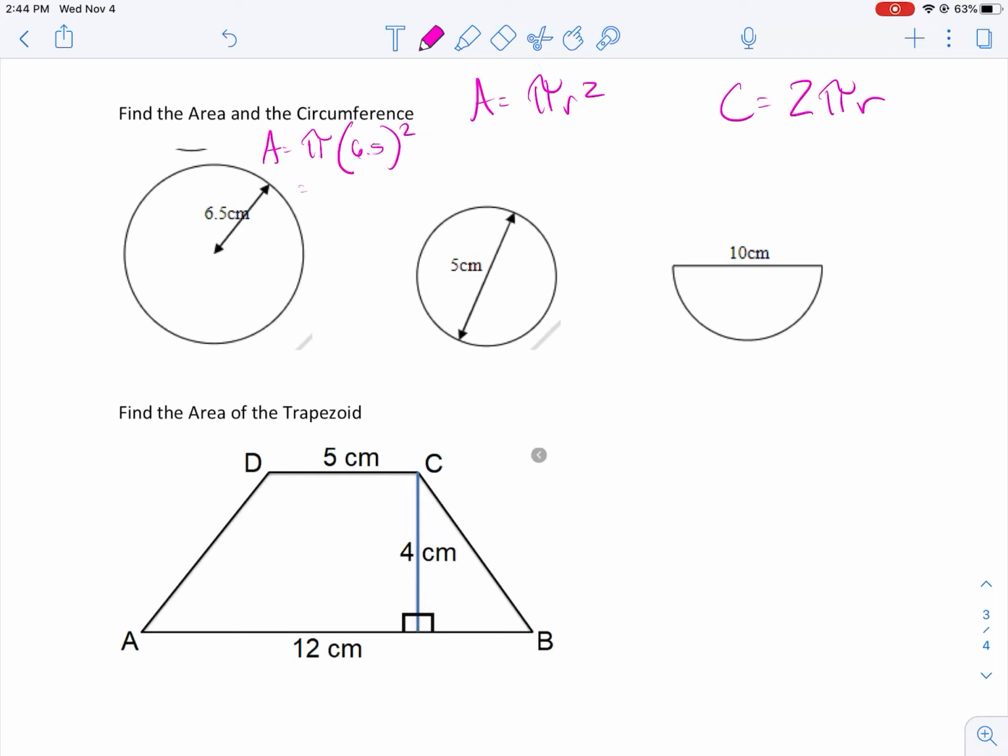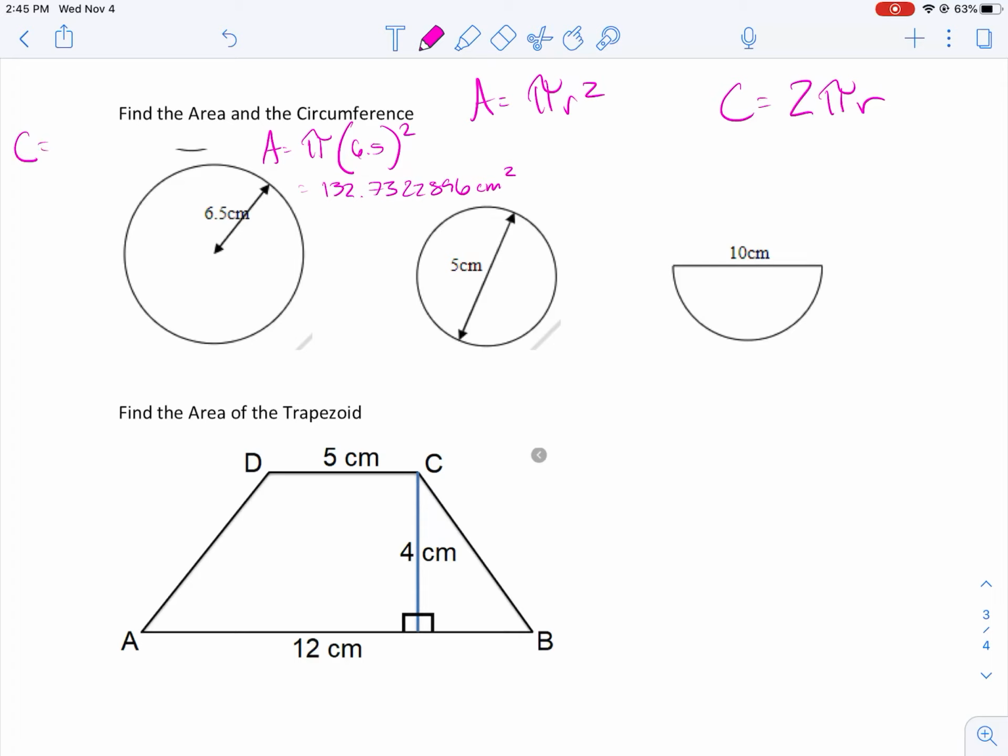And so we get 132.73 centimeters squared.